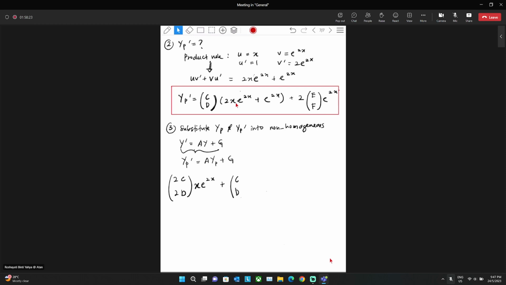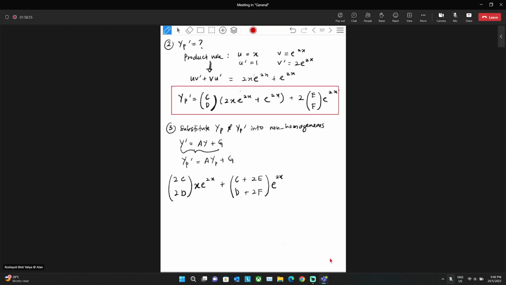But for this exponential 2x, you can combine together with this exponential 2x. So here you have C plus 2E, and then D plus 2F, for the coefficient of exponential 2x.